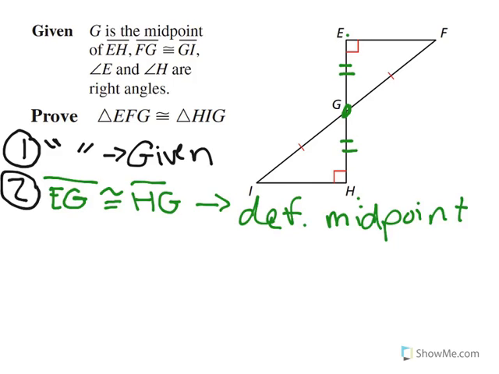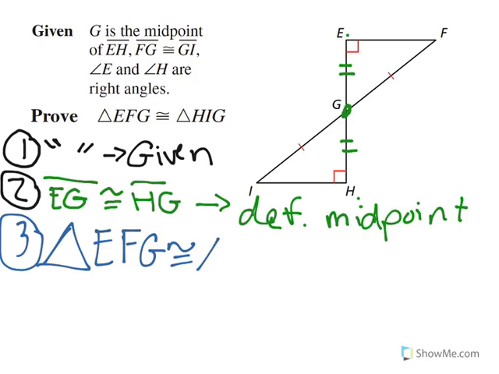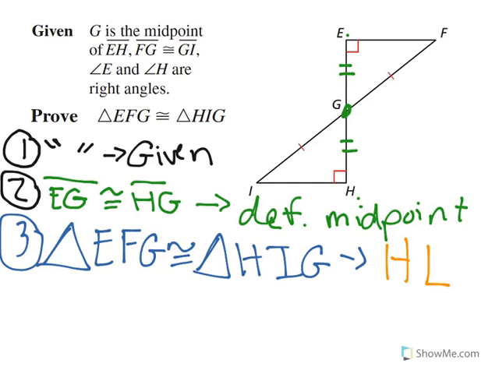Okay, so looking at my picture, I'm able to now conclude that the triangles would be congruent. So I'm at my last step, so making sure that I end with what the proof wants me to prove. So triangle EFG is congruent to triangle HIG, and it would be because of HL.